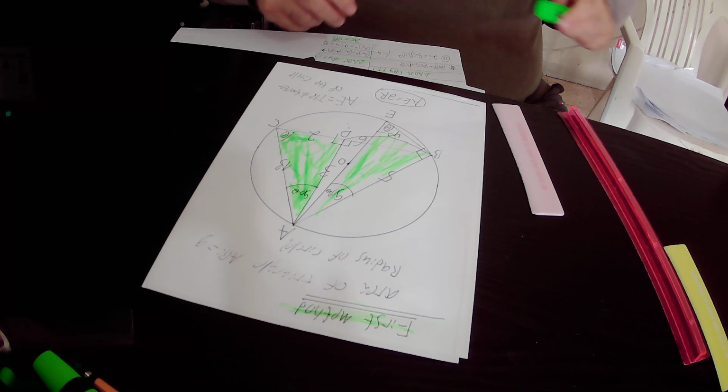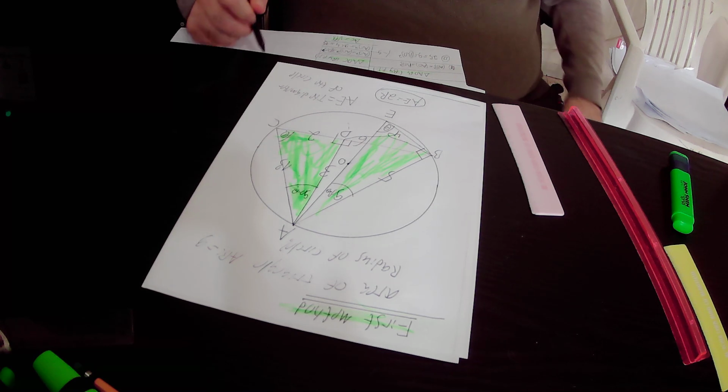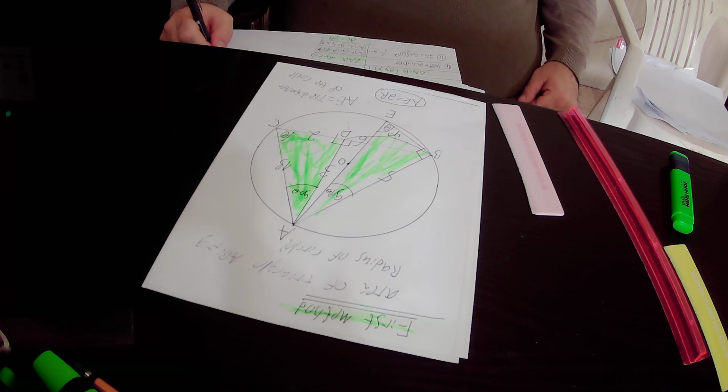Okay, so we prove that the two green right triangles are similar to each other. So triangle ABE and triangle ADC, they are similar to each other. Why are they similar to each other?